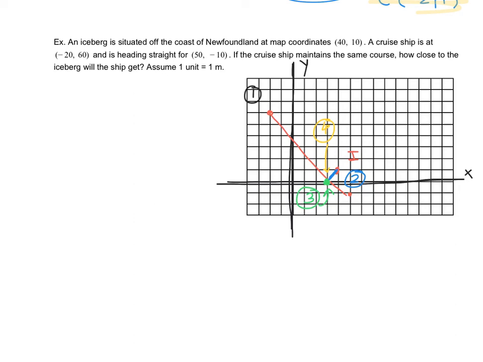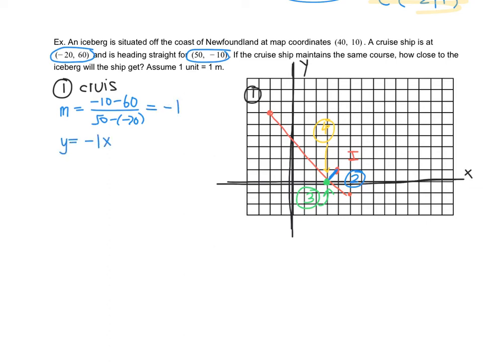All right, so your step 1 was to find the cruise ship line. So for your slope, you're using these 2 points right here to find the slope, and you're doing -10 minus 60 over 50 minus -20. And when you reduce that, you end up with -70 over 70, which is -1. So now we can do our y equals mx plus b, and you can plug in either point.